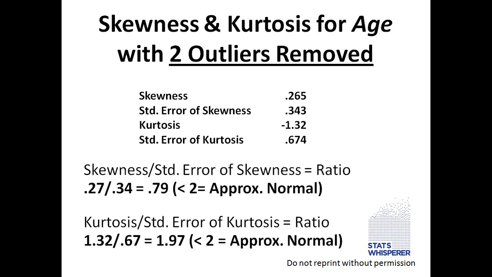And the kurtosis, which was over 6.0, very non-normal, is now 1.32 divided by 0.67, which is actually a little less than 2.0. So by removing those two outliers, the distribution becomes normal, and now we meet that assumption. It's quite a bit of work, but it's doable and it's the right thing to do.